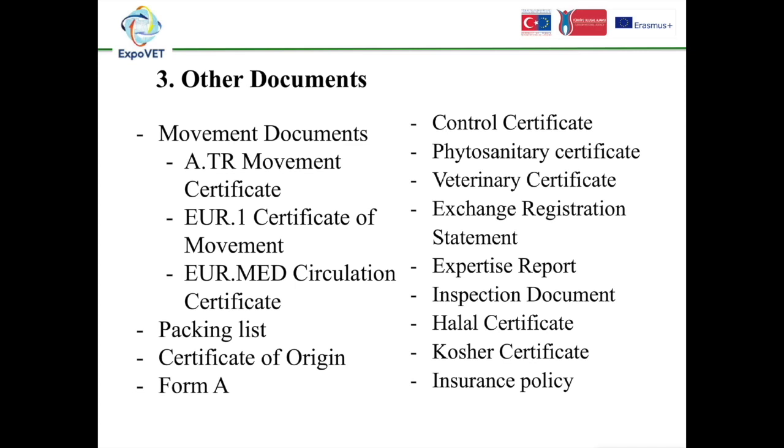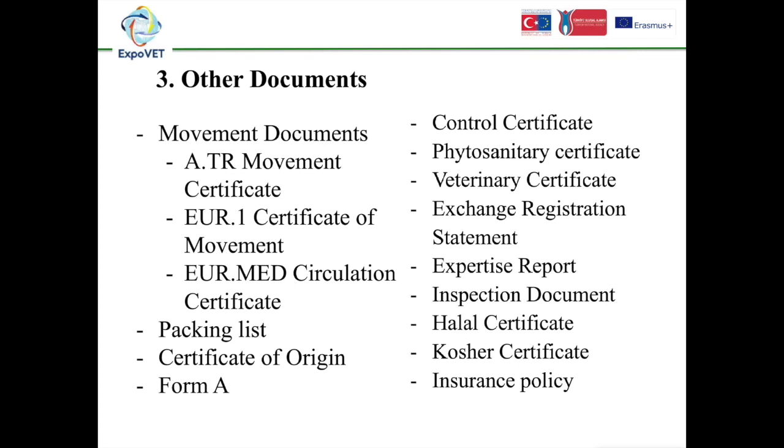EUR1 Movement Certificate. It's a circulation document issued to certify the status of origin in order to benefit from the preferential regime in the trade of agricultural products between us and the European Union, and in trade between us and the countries listed in Clause A of the Free Trade Agreements that we sign in parallel with the European Union.